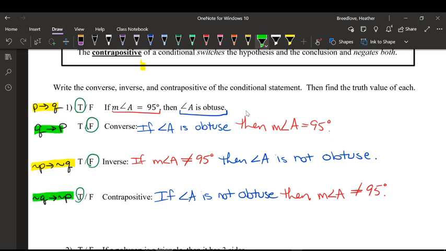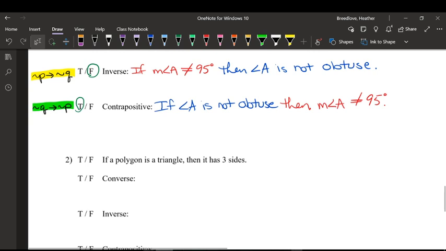Their truth values changed with the not. Now, of course, it's not as simple as all that, where that's always the case. So that's why there's a second example. When the conditional and the converse do not have the same truth value, it matches in this order: conditional goes with inverse, converse goes with contrapositive, as far as truth values. All right, so let's look at the next one.